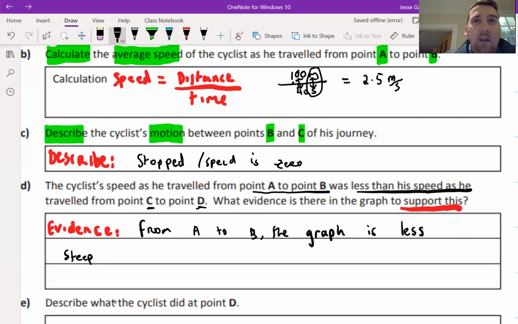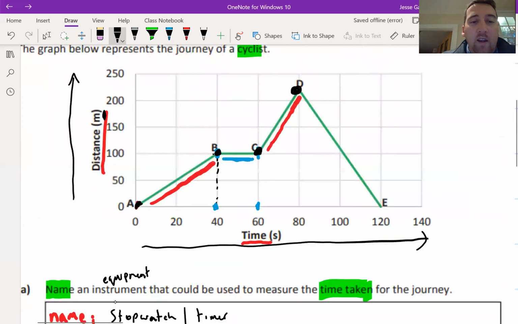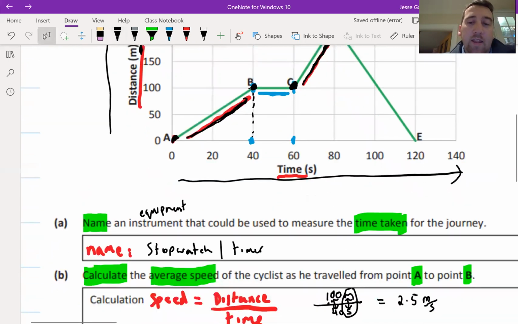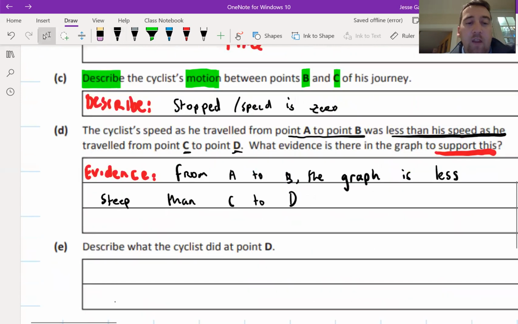It is less steep, or has a smaller slope, than C to D. The one with the steeper slope is where the cyclist is changing their motion the quickest. So the speed there is faster than there. He's going further faster here than he is here. So speed from C to D, because it's steeper, means he's going faster.